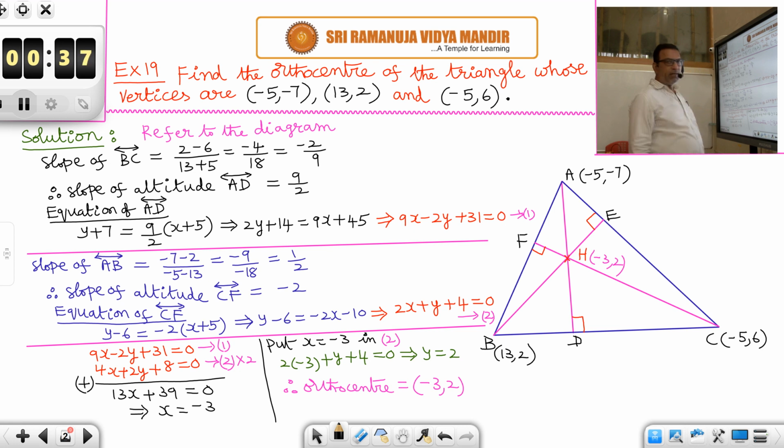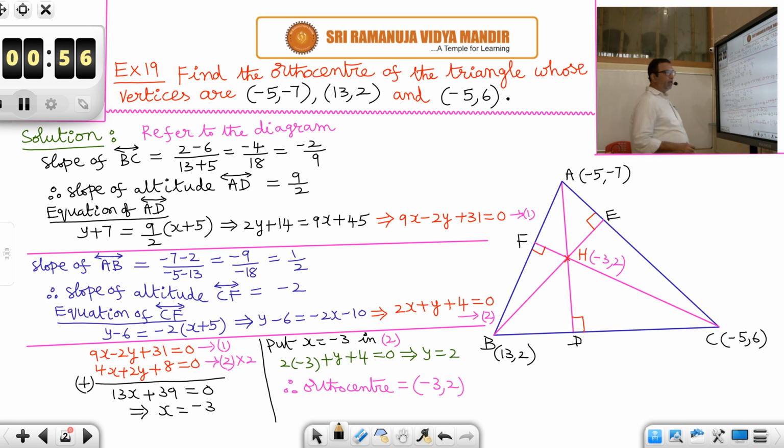The orthocenter is the point of concurrence of the altitudes. We have to find any two altitudes and solve them, and you get the orthocenter. So I want to find the altitude AD and also BE.